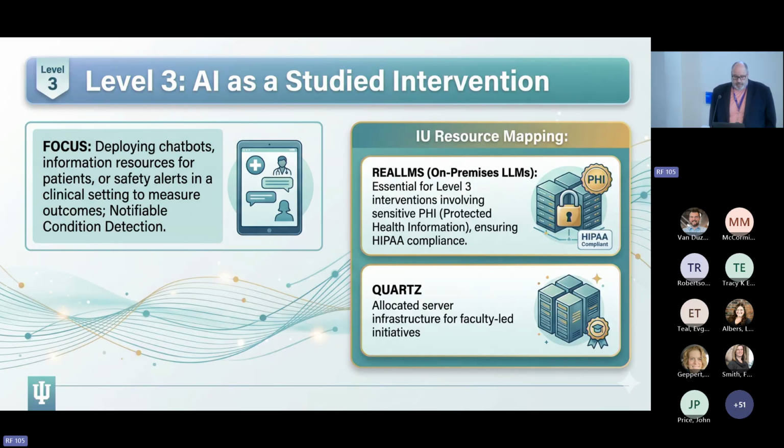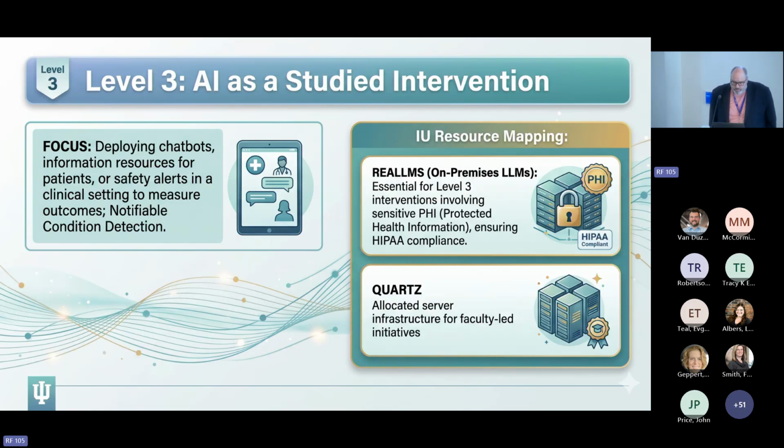As another studied intervention, I've mentioned, you all are probably sick of the notifiable condition detector now, but we are studying that tool as an intervention, being able to automatically identify and transmit notifiable diseases. As an example, again, IU resources that can support this: Realms with the API and its large language models.